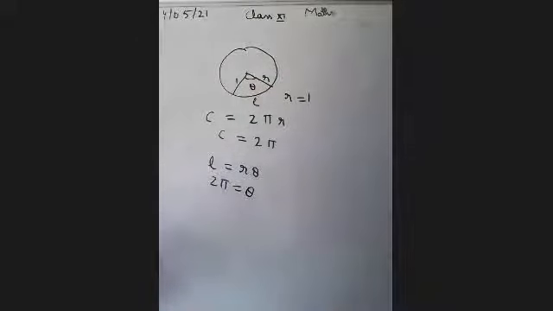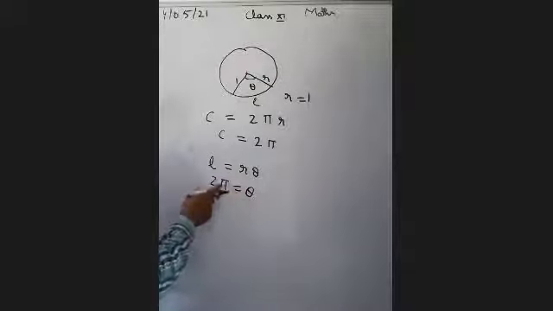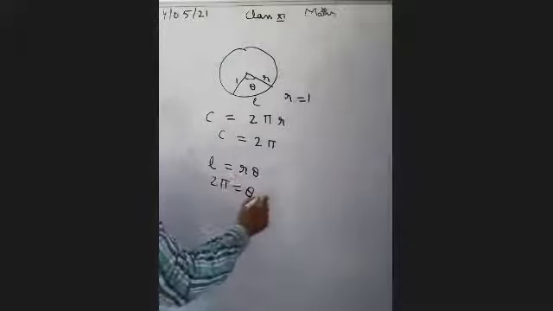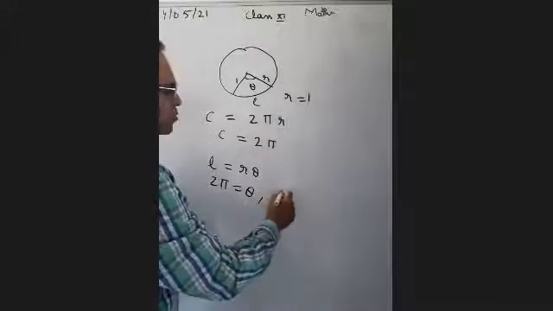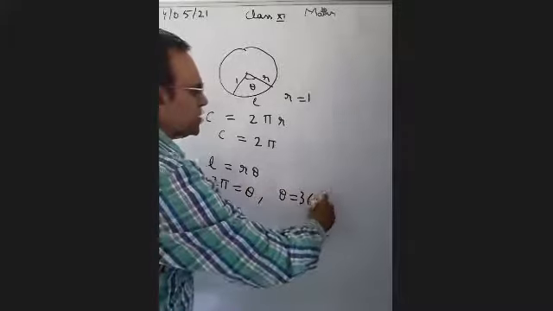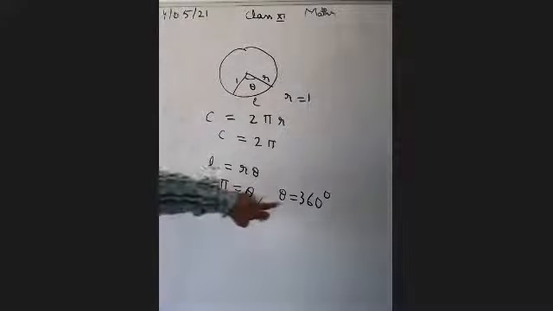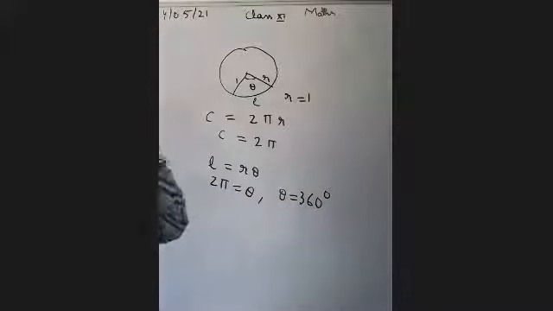So different measures we use. One is in degrees and another one is radian. But you know that theta is also equal to, in the circle, the angle formed is 360 degrees. This is the radian measure, theta equal to 2 pi. This is the degree measure, theta is equal to 360 degrees.